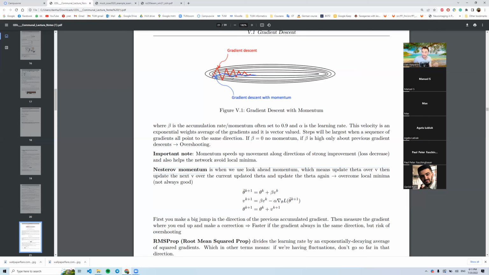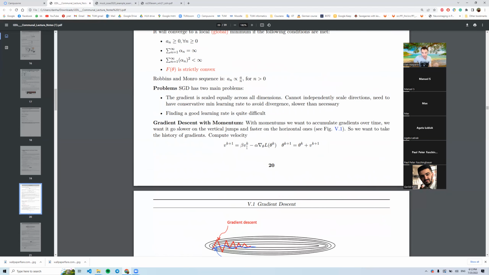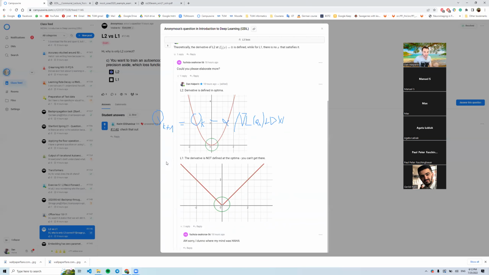Momentum does not do this, so it's a bit more problematic. Hi Agatha, for your question, sorry, I need to repeat it. Can we also use a higher learning rate with momentum? Remember that with high momentum, if it goes down the hill really quickly, if this is the function, let me go here.